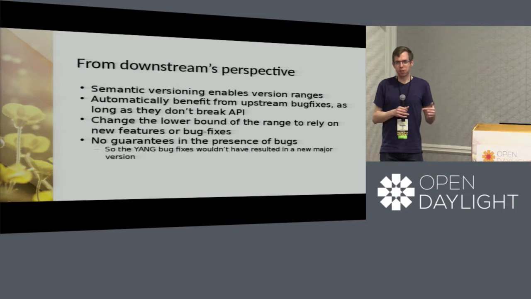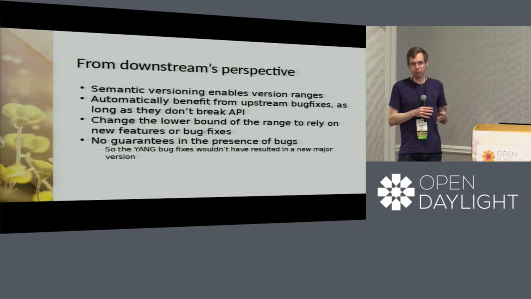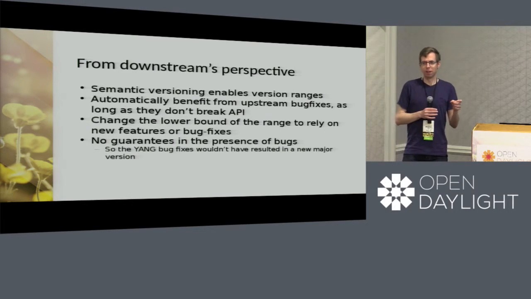So, why is this interesting? The big one, from my point of view, is that downstreams can start using version ranges. In OpenDaylight, during development phases we all just use snapshots, but if we want to switch to release artifacts, we don't want to specify specific version numbers, because otherwise, whenever anybody makes a change to Yang Tools or controller, you'd have to patch everyone.